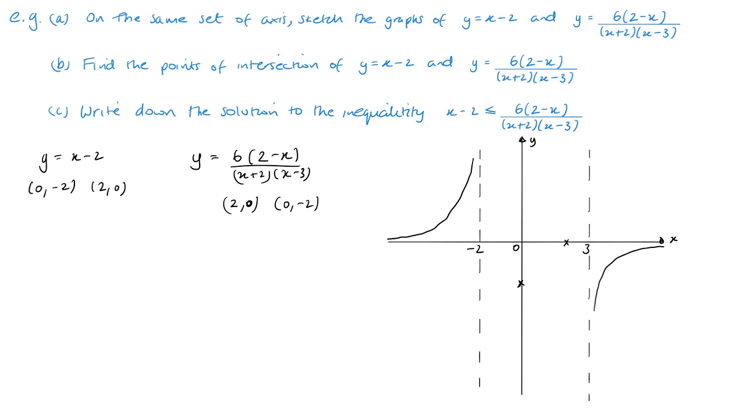And again, I can put in very small values like minus 2.001 into my calculator to find out what's happening up there. And I can substitute very large numbers into my calculator to check on what's happening down this end. So I put in minus 2.000001 and I got like 48 million.